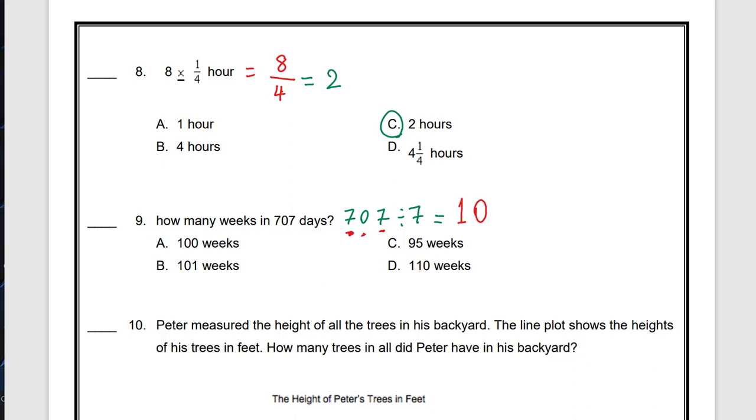And 7 divided by 7 equals 1. So we can do it on the line here because we don't have any remainders. So it's very easy to do it directly. And what is your answer? B. Thank you, my hero.